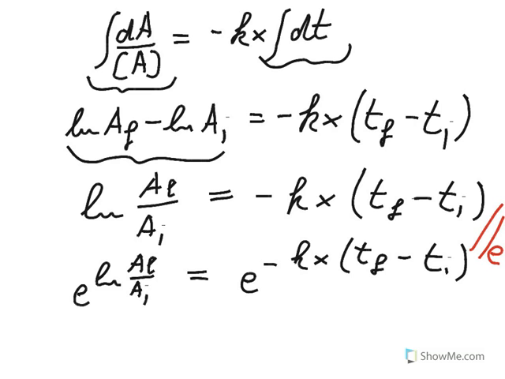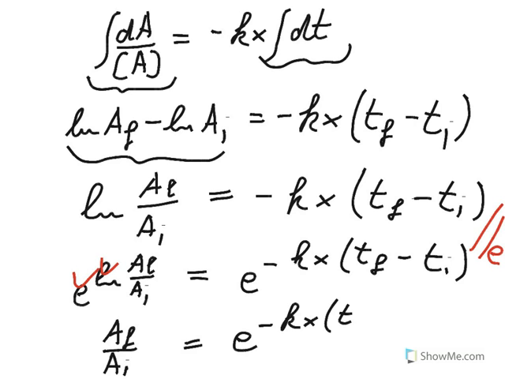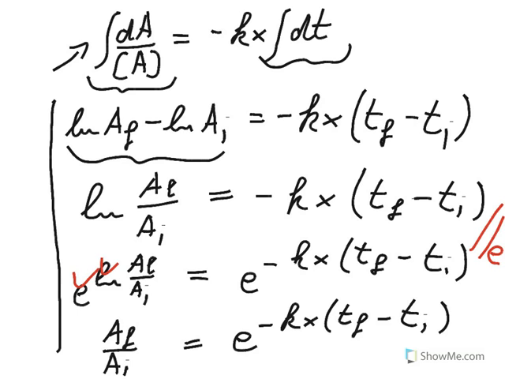And we know that e and ln cancel out, so I get A final, the final concentration of A, divided by the starting concentration of A, equals e to the power of minus k times (t final minus t initial). But in reality, all these equations here are exactly the same, and they come from solving these integrals.